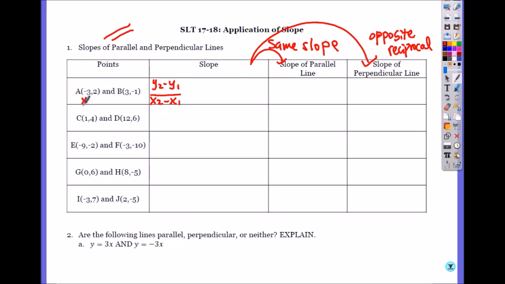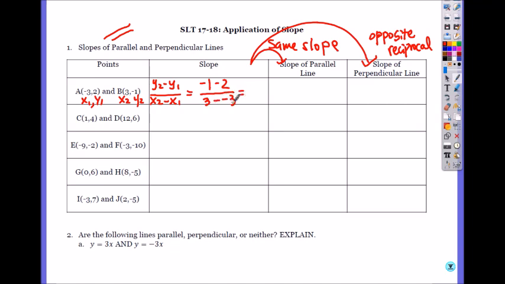If this is x1, then this must be y1. If you assign this as x2, then the y must be y2. So then this is x2 and y2. So y2 minus y1 is negative 1 minus 2 divided by 3 minus negative 3.